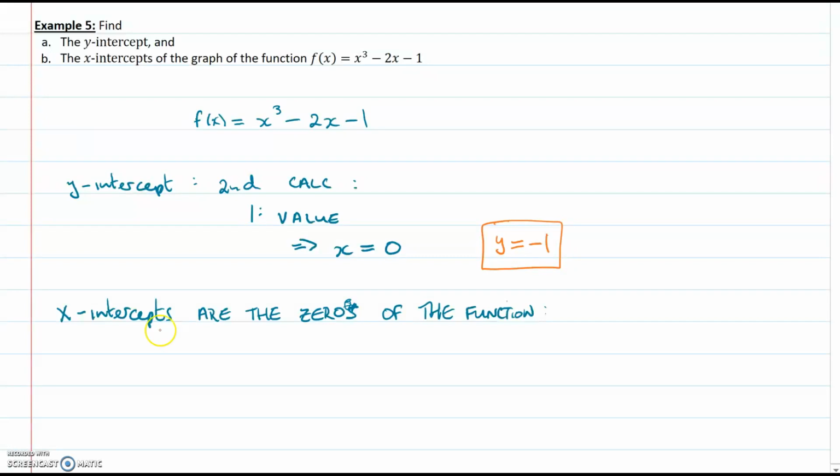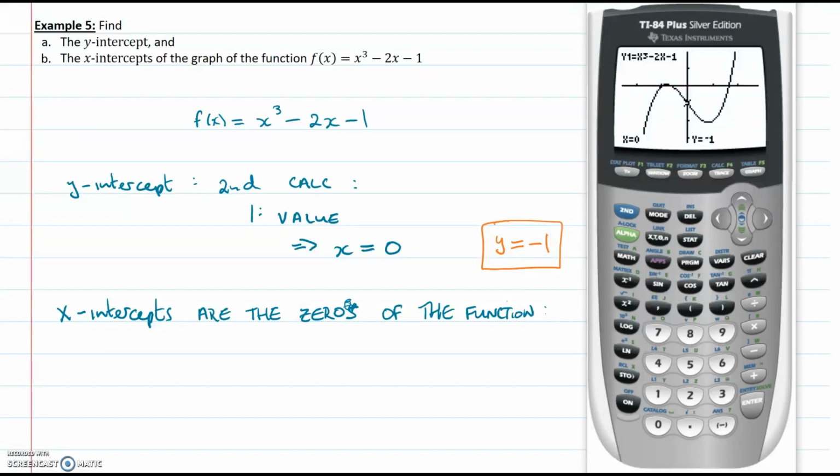Okay, now to do the x-intercepts, we can see that there's definitely 1 and possibly 2 here, and a third one over there. So let's maybe zoom in on this section again. So we just want to zoom in very tight there on that section.